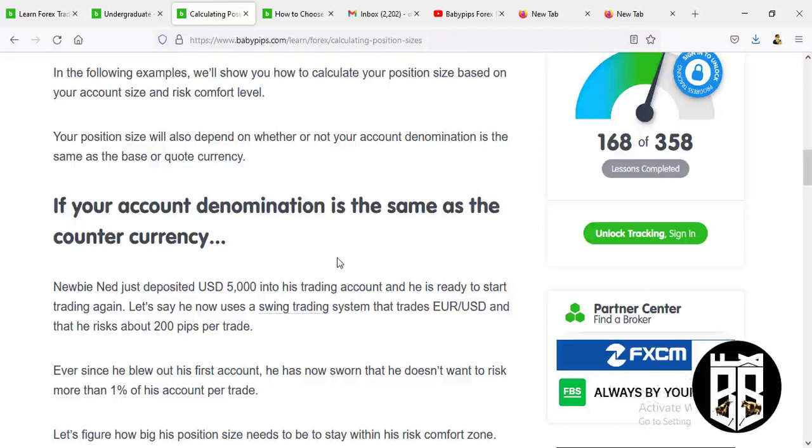Now let's assume you are Ned. Ned deposited $5,000 into his trading account and he started to trade, using the swing trading format. The trade he picked is EUR/USD, and he wants to risk about 200 pips per trade.